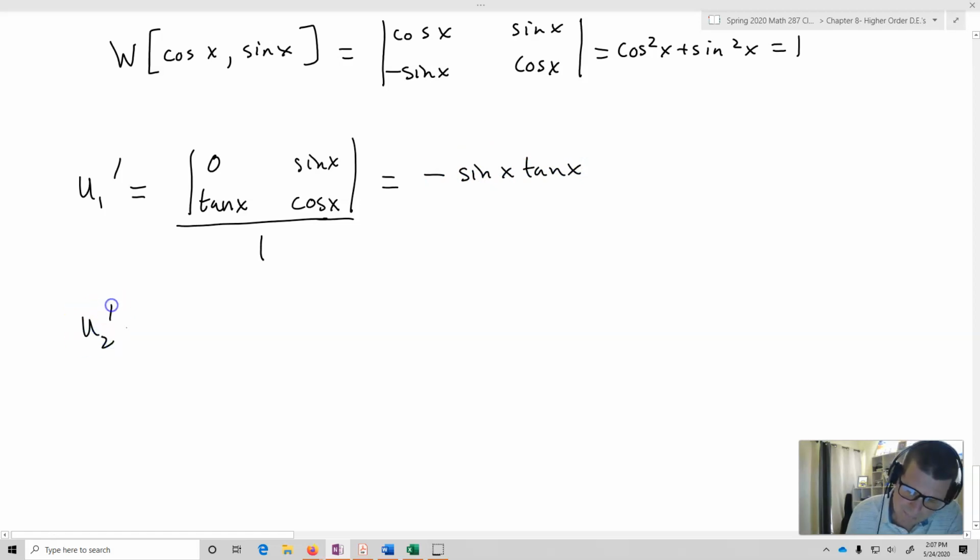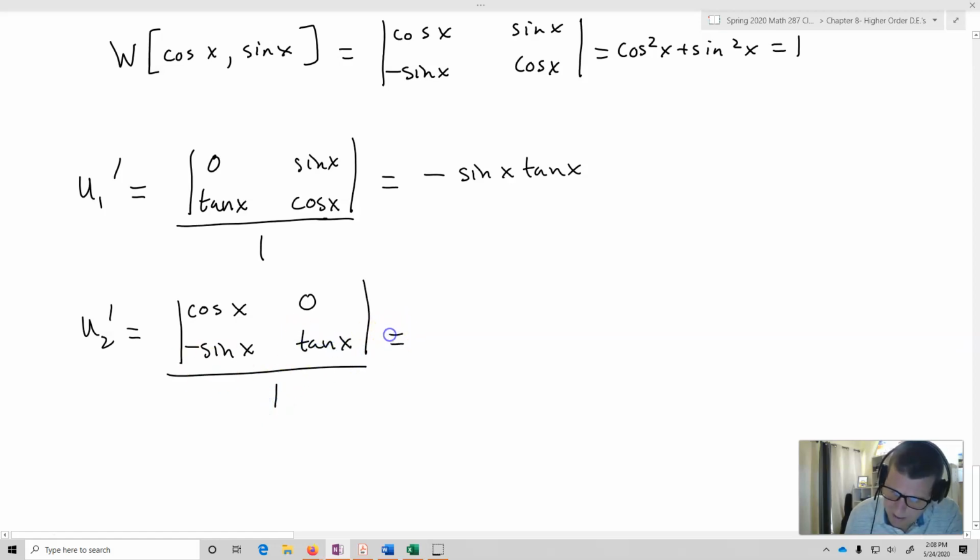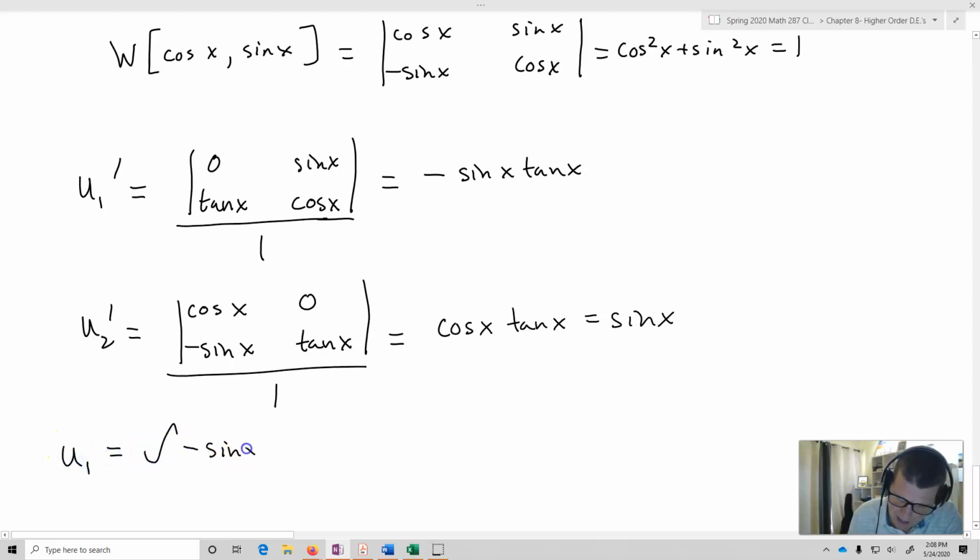And u2 prime is going to equal the determinant of cosine x, negative sine x, 0, tan x, divided again by 1, and that'll equal cosine x tan x, which simply equals sine x. Now, u1 is going to equal the integral of negative sine x tan x dx, and u2 will equal the integral of sine x dx.